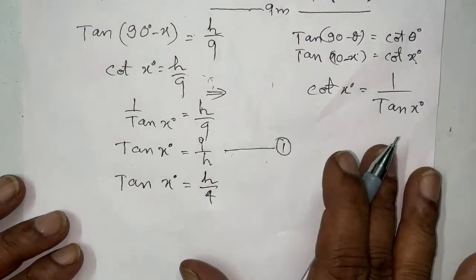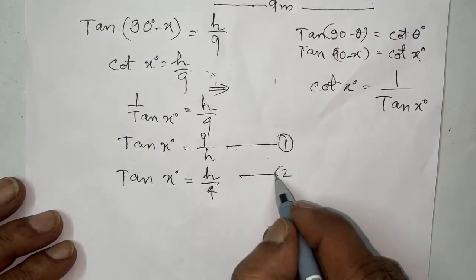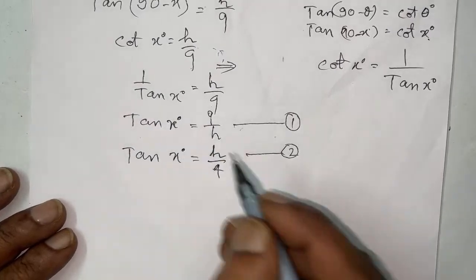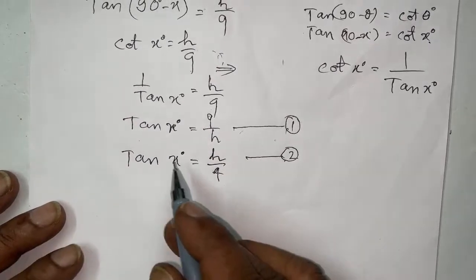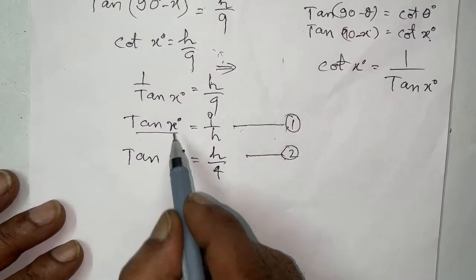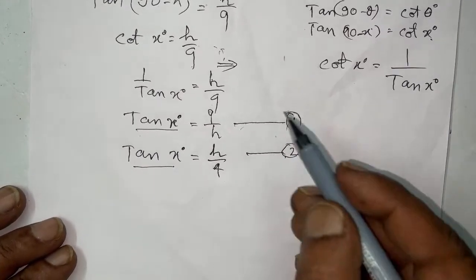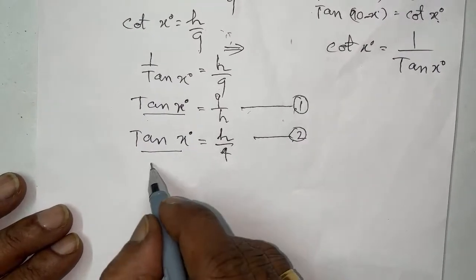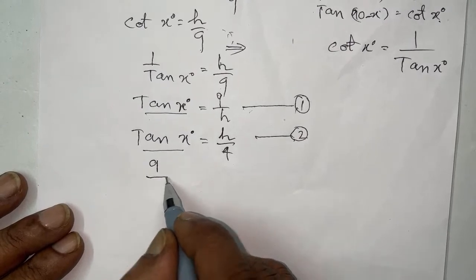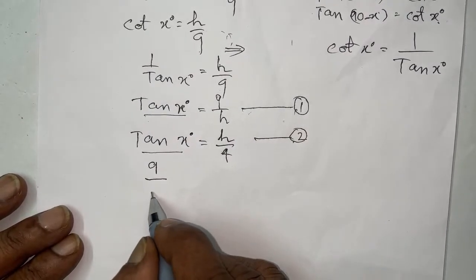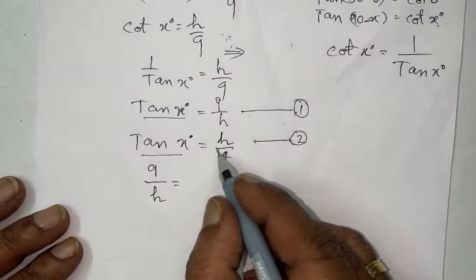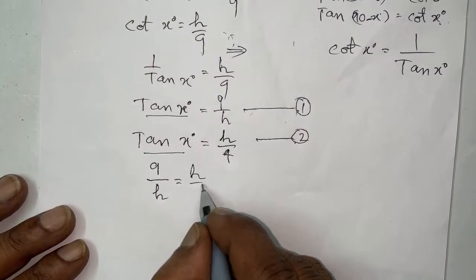So tan x degrees is h by 4. This is what we call equation 2. Now you can see equation 1 and equation 2 have the common tan x degrees, so both are equal. In the first equation we have 9 by h, and in the second equation we have h by 4.